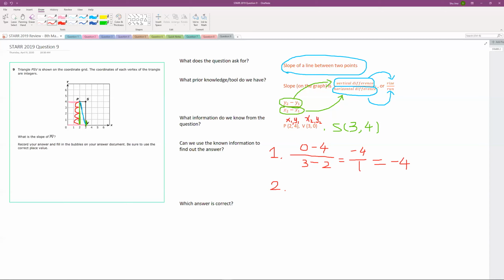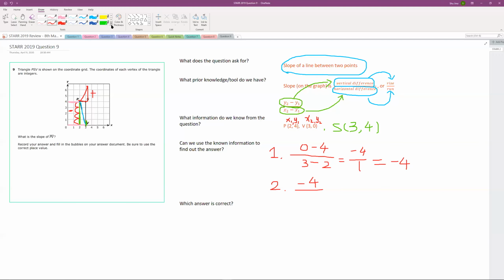It goes down by 4. So the vertical difference is 4, but since it's going down, the 4 is a negative 4. If it is going up, like say we have a point here, then this will be positive, but here it is a negative difference.